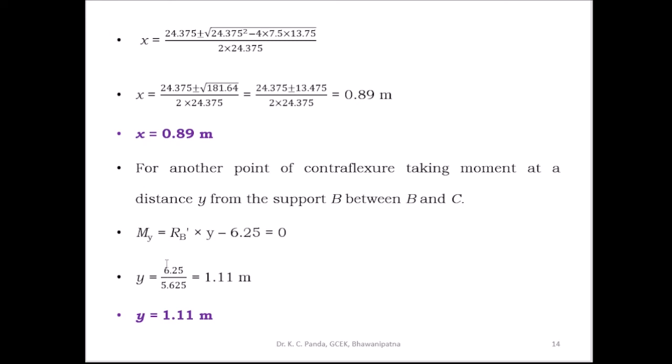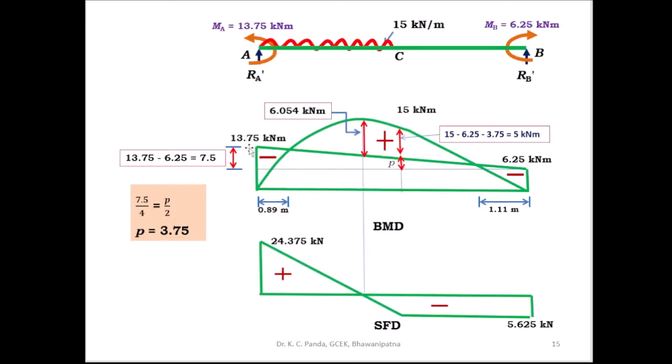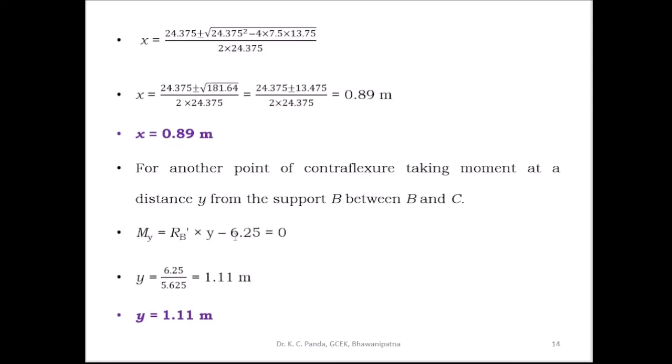Then you can find out the distance. Y is equal to 1.11 meter. So the first point of contraflexure is 0.89 meter, from this to this distance 0.89, and from this to this distance 1.11 meter. These are the two point of contraflexure distances.